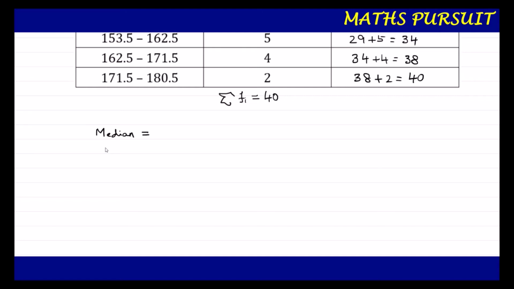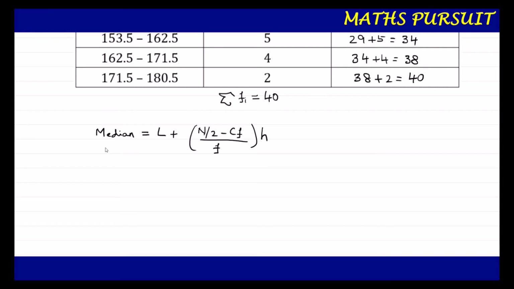So the median formula is given by L plus n upon 2 minus cumulative frequency upon frequency into class height. This is what we know as the median formula.